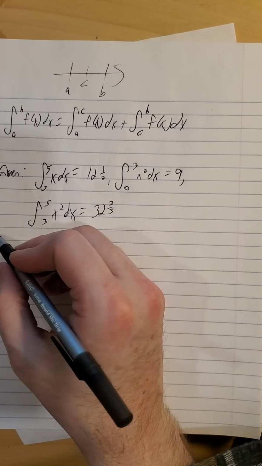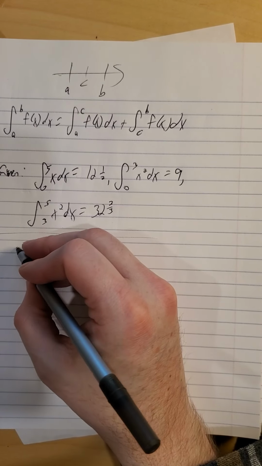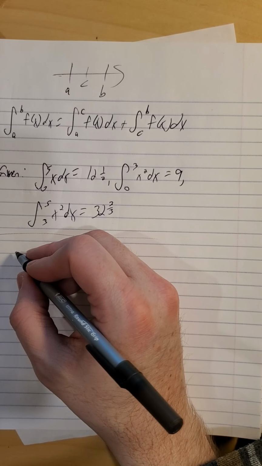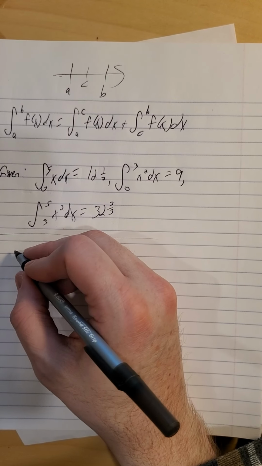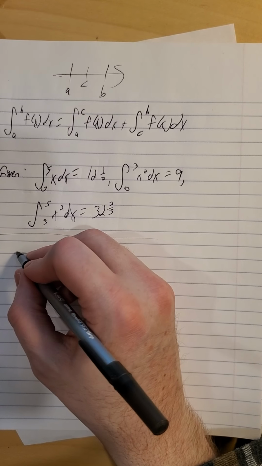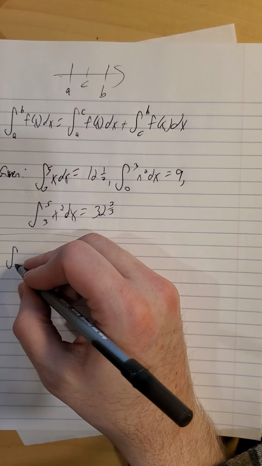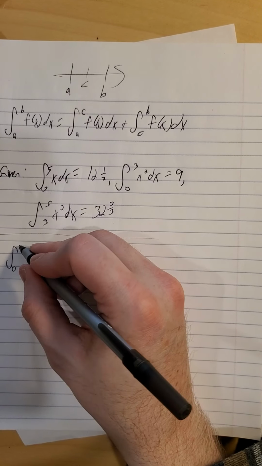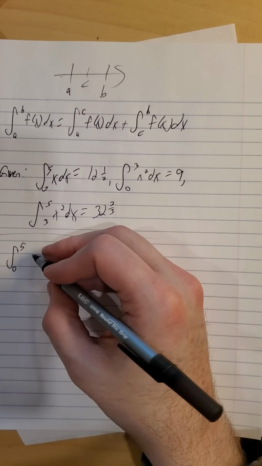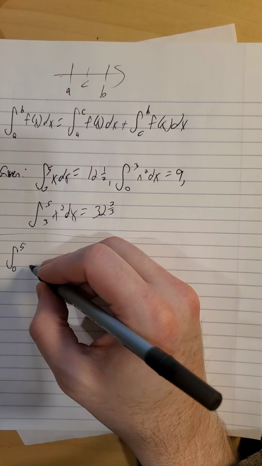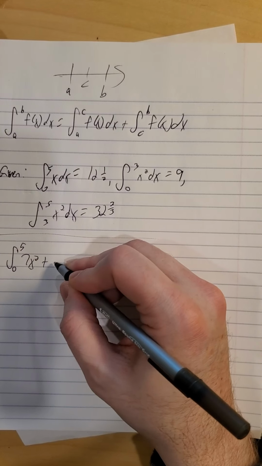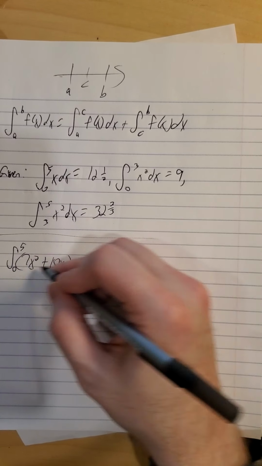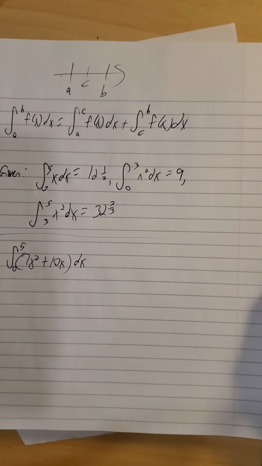So if they give us this information, they could ask us, for example, to find, let's say, the integral from 0 to 5 of the quantity 7x squared plus 10x times dx.